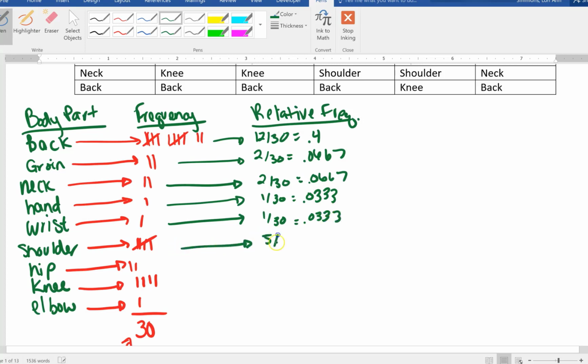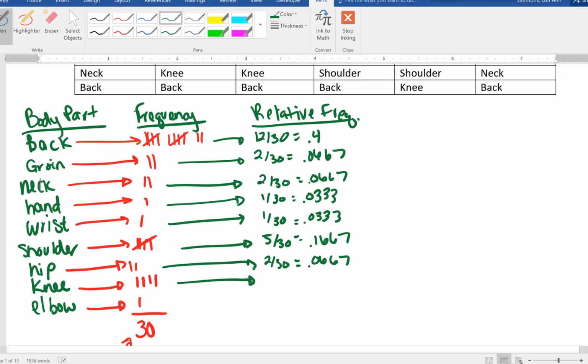Shoulder, 5 out of 30, which is 0.1. Hip, 2 out of 30, 0.0667.